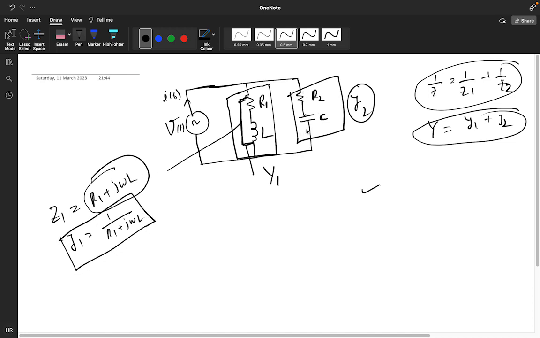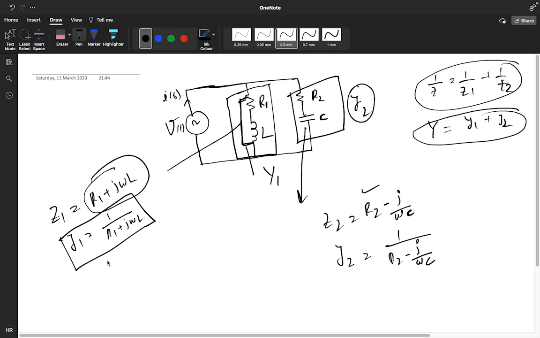Okay, what about this one? Z2 is R2 minus j divided by omega C. So what about Y2? 1 divided by R2 minus j divided by omega C.